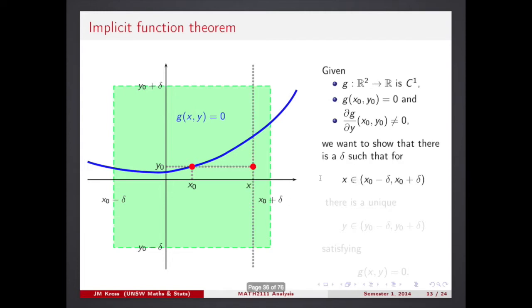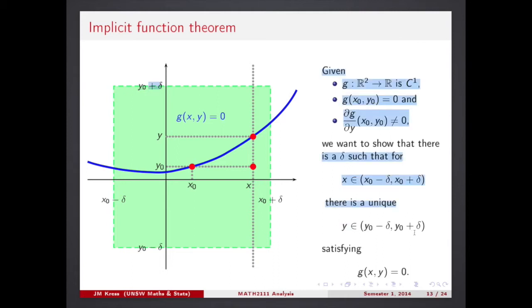I need to convince you that there is a box such that within this box, if I take the point x within this range from x0 minus delta to x0 plus delta, within this range there will always be a point y which makes a solution. So within this range there will always be a unique point which makes a solution.